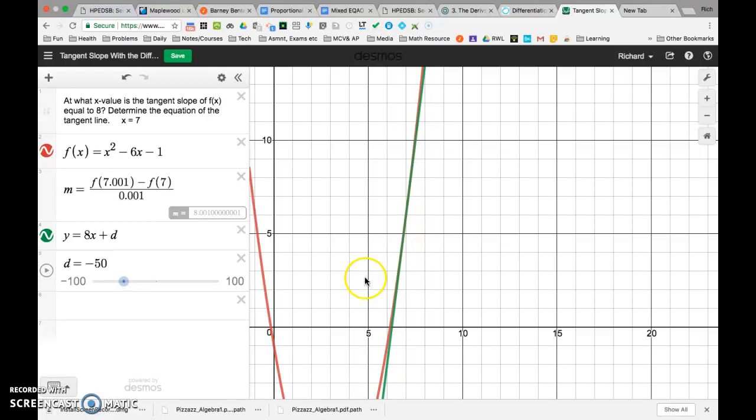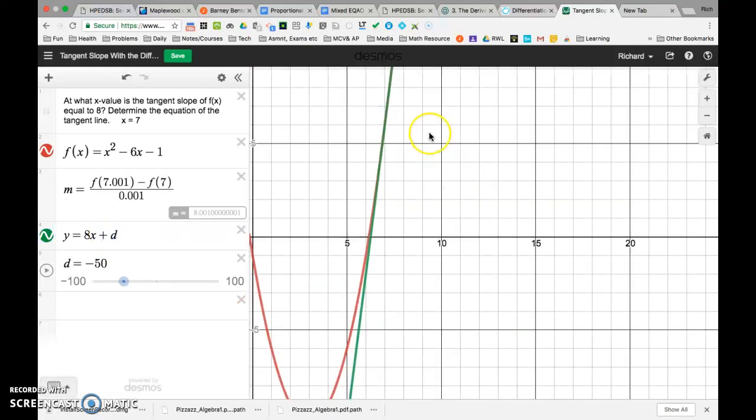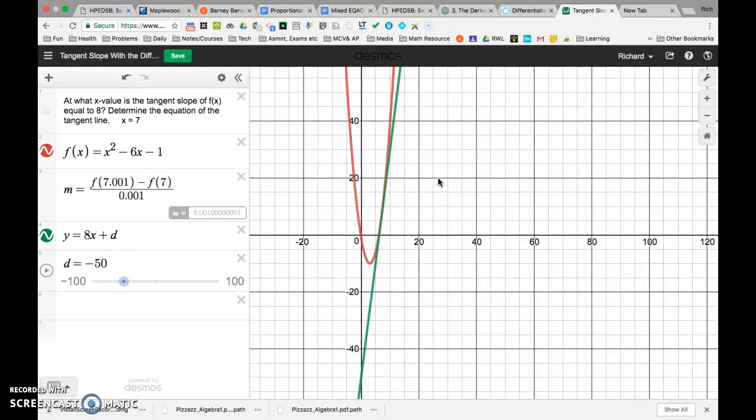There we go. So it looks like if I have a y-intercept of -50, that's the tangent, right? You see how if I zoom out, there's the tangent line. And it looks like the intersection point is at 7, 6. Oh, that's perfect. So there's the point of tangency, 7, 6.